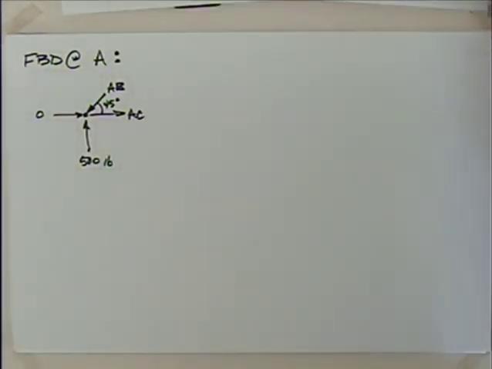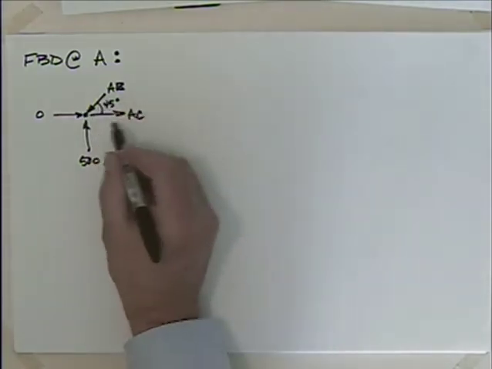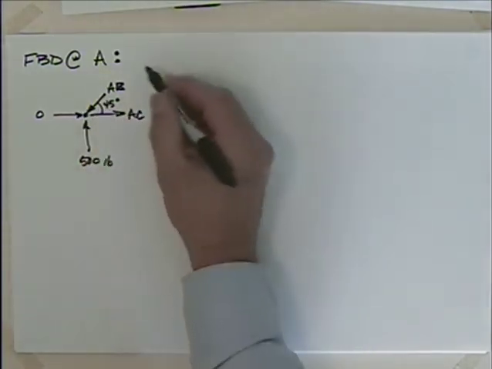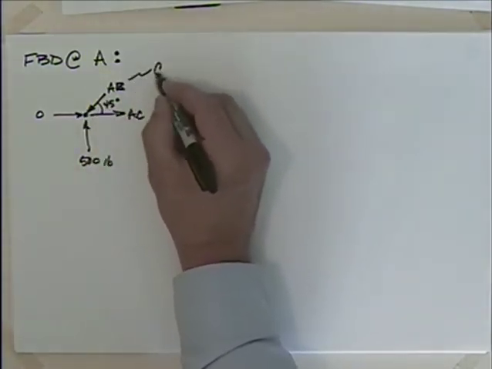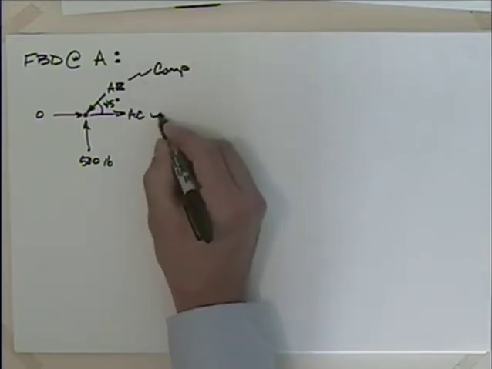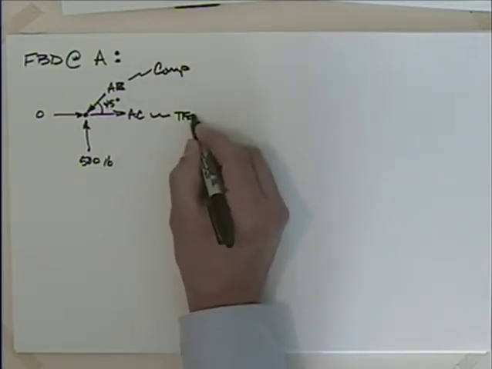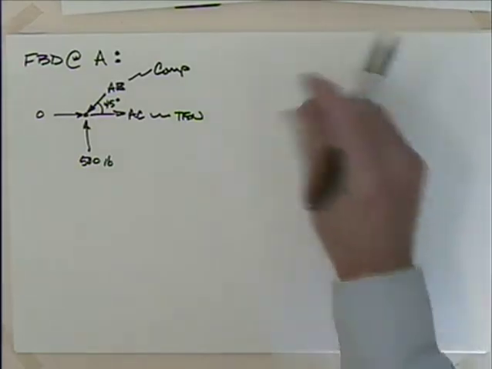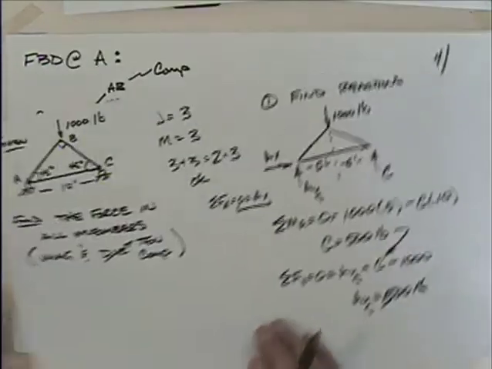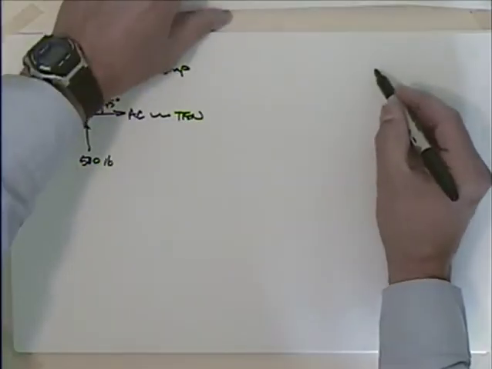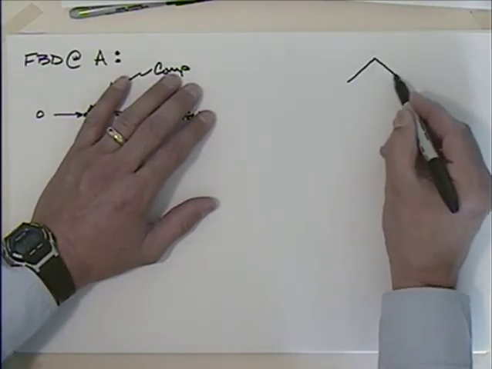Now you might have wondered, well, why did you draw AB going this way and AC going that way? Well, I am assuming that this is in compression, and I'm likewise assuming that this is in tension. And a lot of times with trusses, when you start to look at a truss, there's some terminology here.